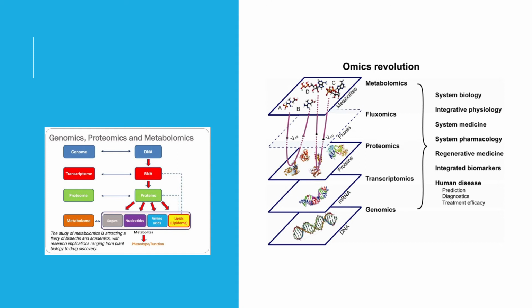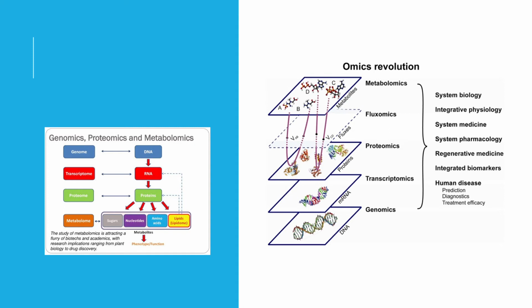But as we advance our ability to assess and look for biomarkers, ultimately, all the way at the top, is metabolomics, where a lot of the promise seems to be waiting for us. And if you look at the left side, it's the same, but upside down. You have the genome and the DNA at the top, and all the way at the bottom, you have the metabolome.